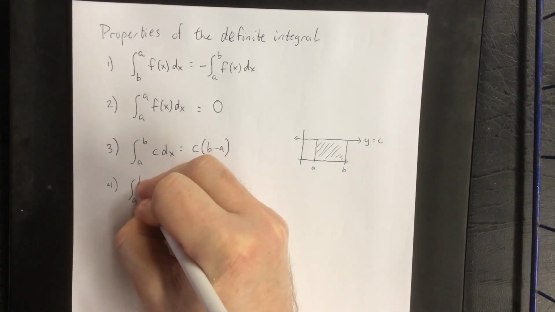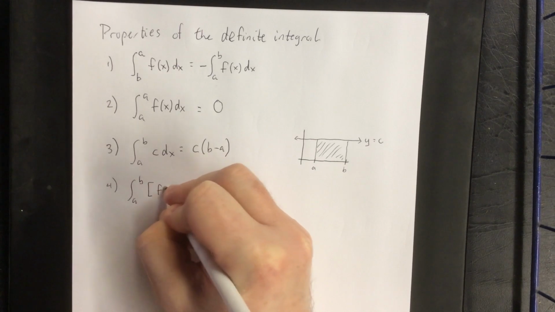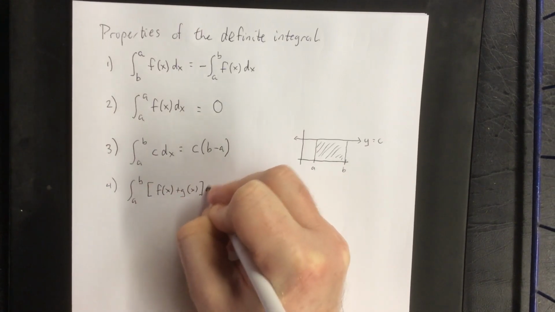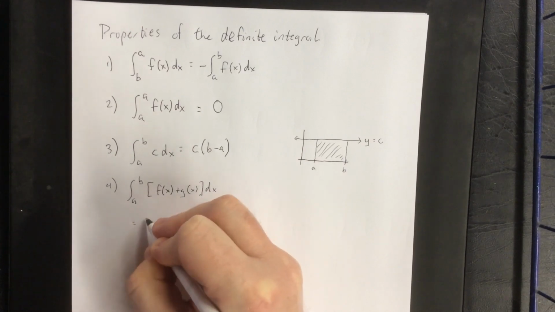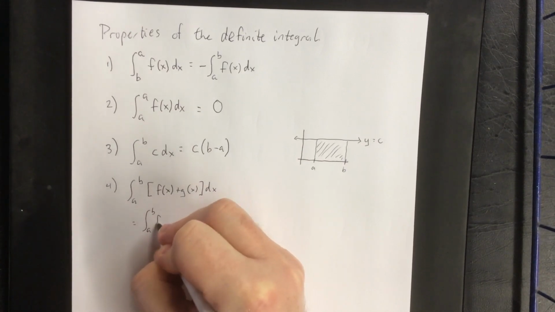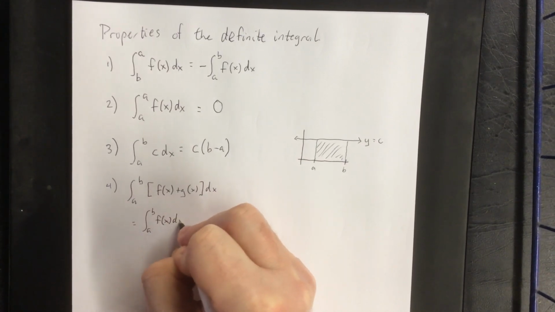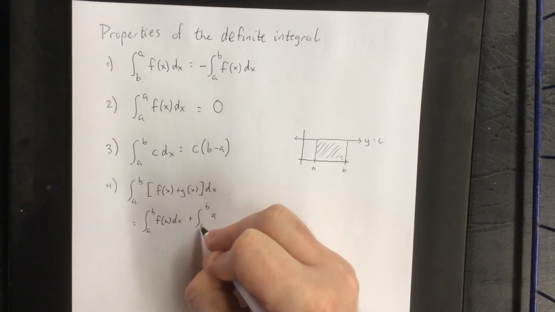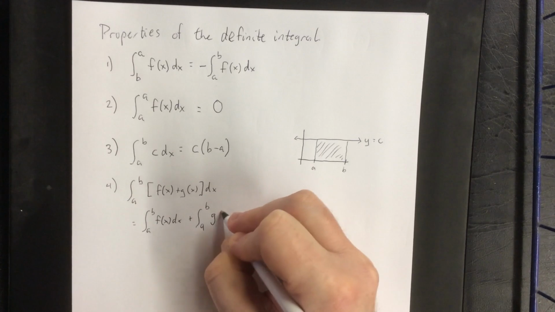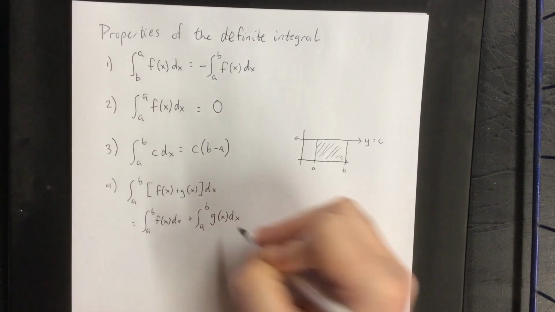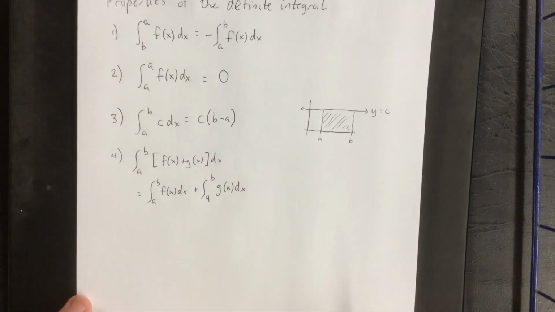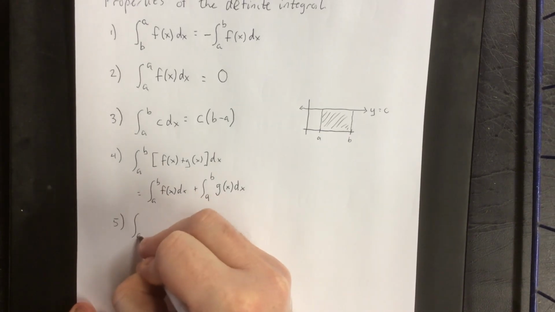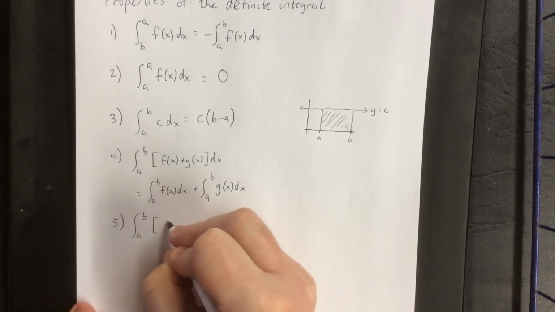If you take the definite integral of a sum of two functions, then this can be expressed as the sum of the definite integrals of the functions. That's an f, this is a g. The same will work for the subtraction of any two functions.